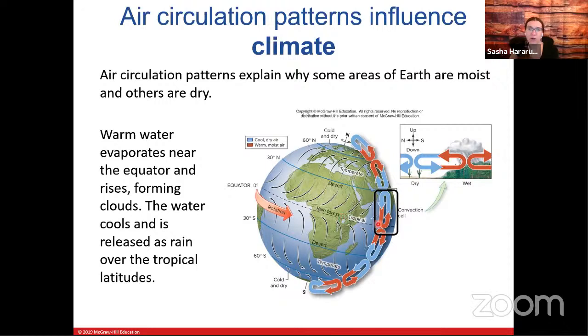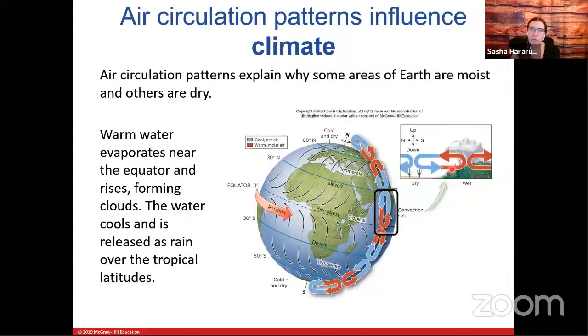So at the equator we have very lush vegetation, and it's also very warm. This lush vegetation needs water to survive, and the water is pulled from the soil. Eventually the water is pulled to the leaves and it evaporates into the atmosphere.